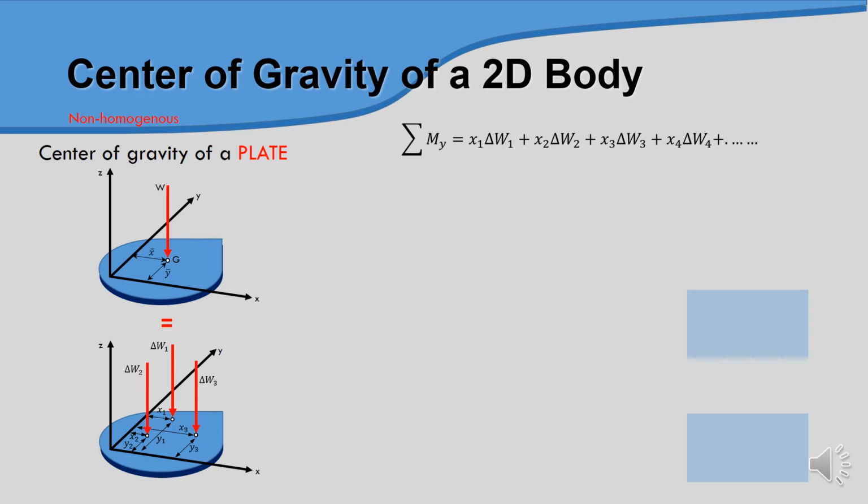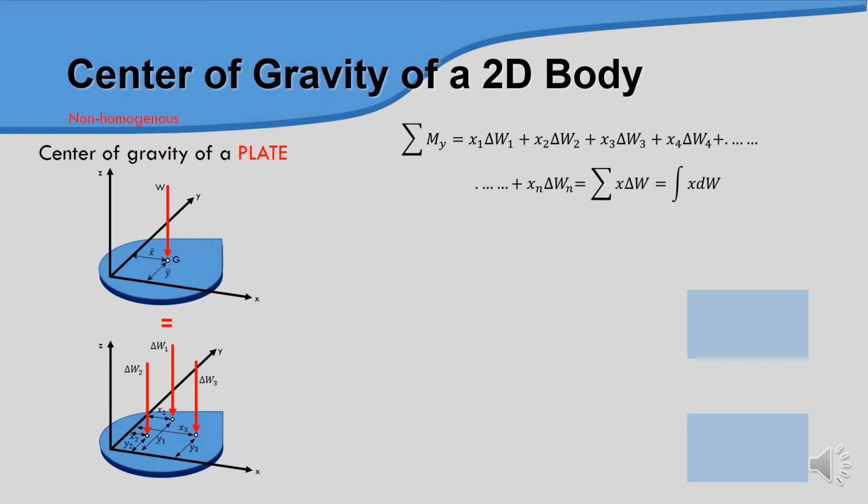If we sum all of them up, up to delta Wn, it will produce xn and yn.